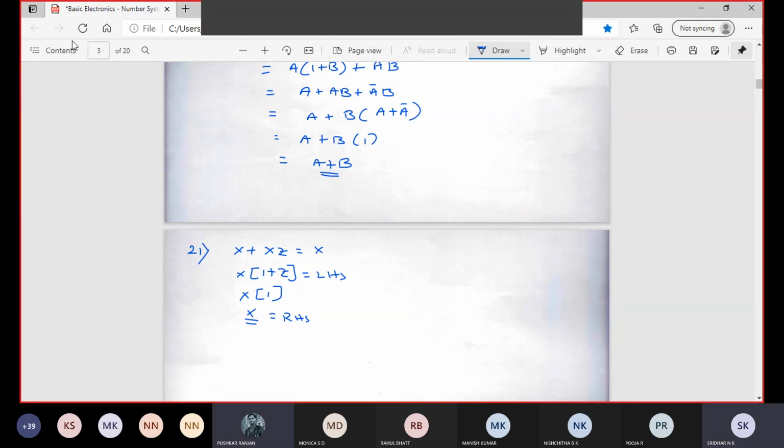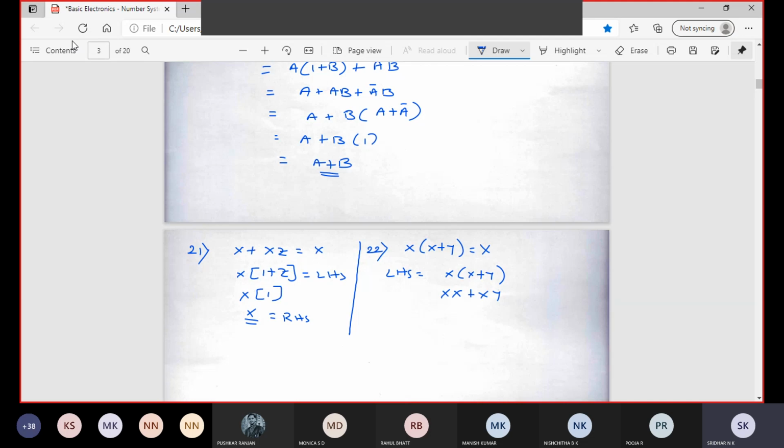Next. We'll prove. Take LHS. X into (x plus y). So multiply inside. We get xx plus xy.